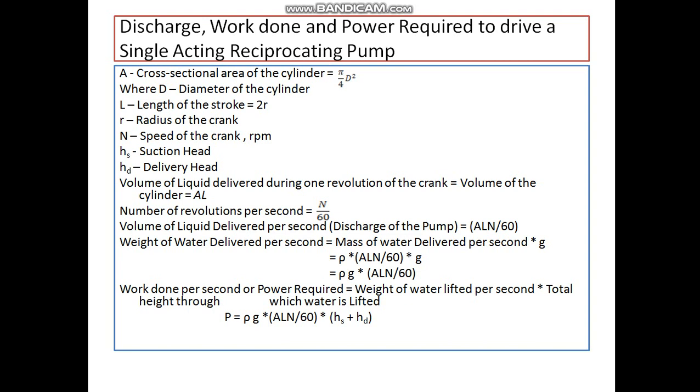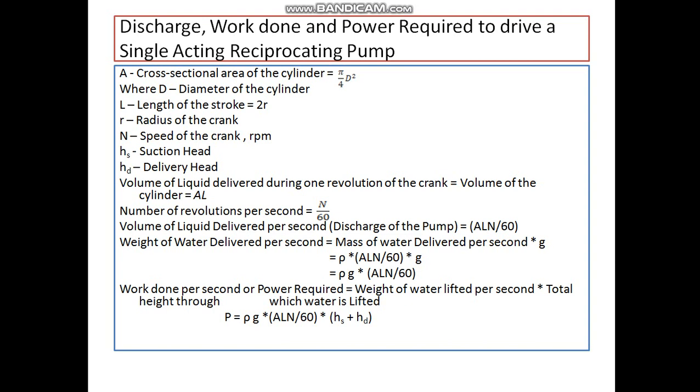So the volume delivered in one revolution will be equal to the volume entering the cylinder during the suction stroke. The volume entering the cylinder during the suction stroke is the volume of the cylinder. So in one revolution, the volume of the cylinder, that is equal to A into L meter cube of water, is delivered.